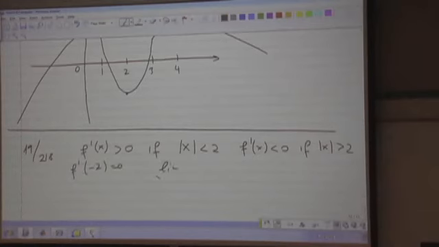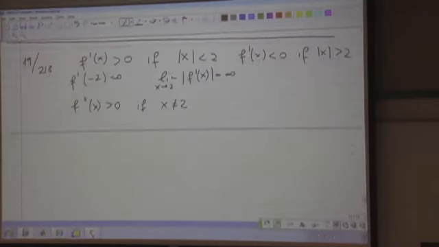The limit as x goes to 2 of the absolute value of f prime of x is infinity, and f double prime of x is bigger than 0 if x is not equal to 2. Okay?